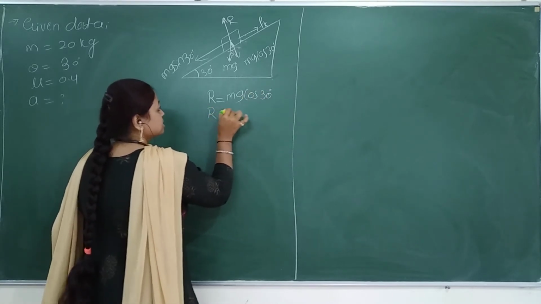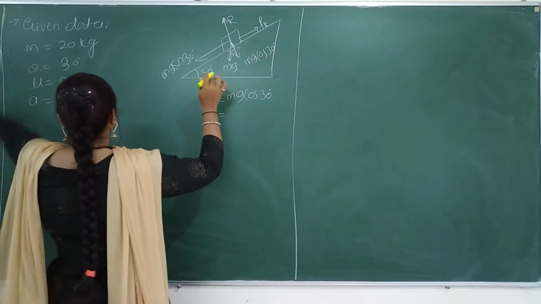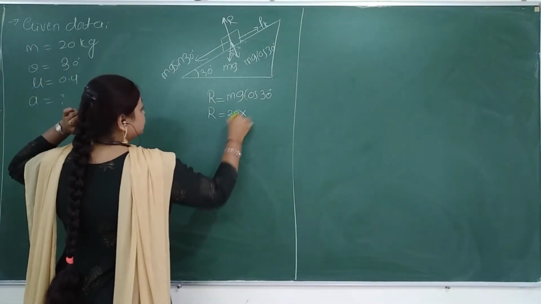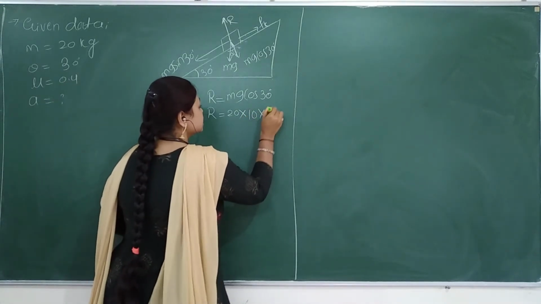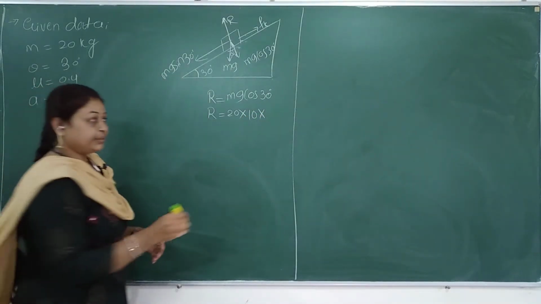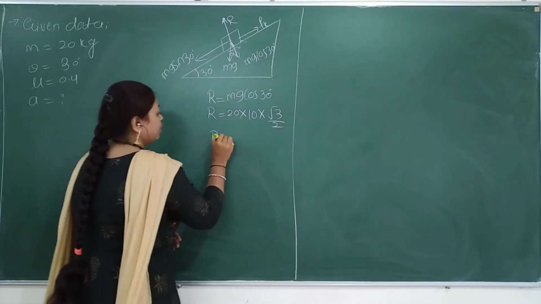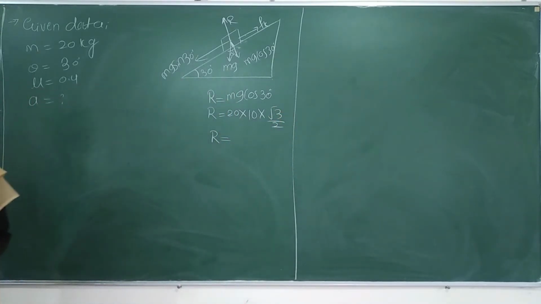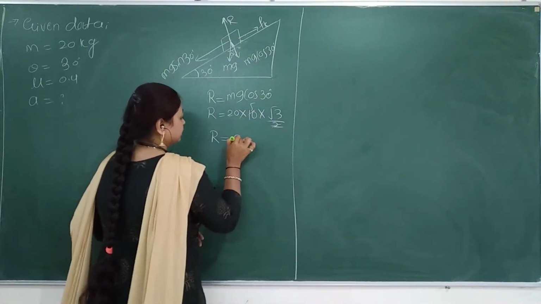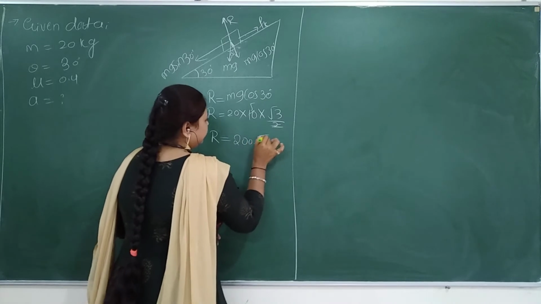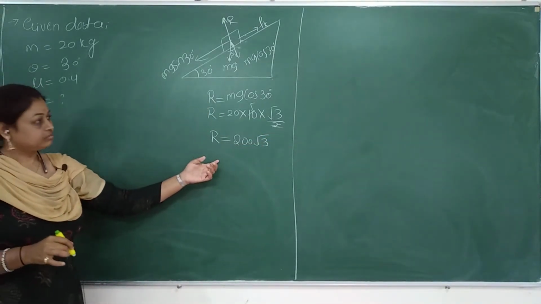Now R is equal to mg cos 30 value. M value is how much here? M is 20. Acceleration due to gravity g is 10, into cos 30, which is root 3 by 2. Now normal reaction R value will be 200 into root 3. Later you can calculate. This is R.